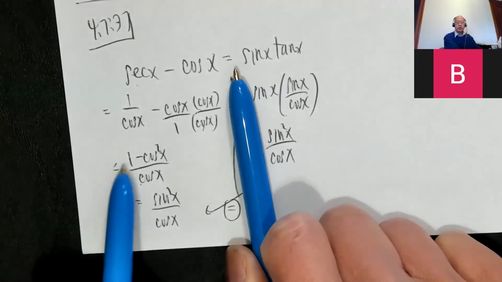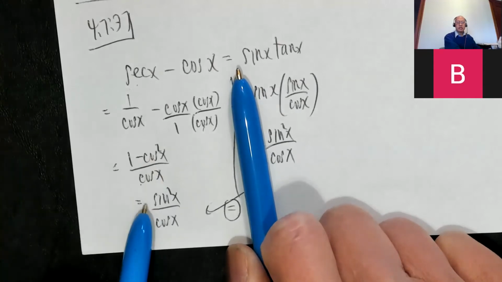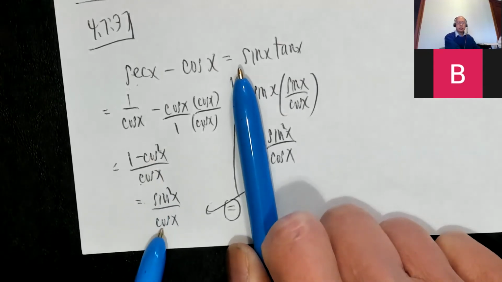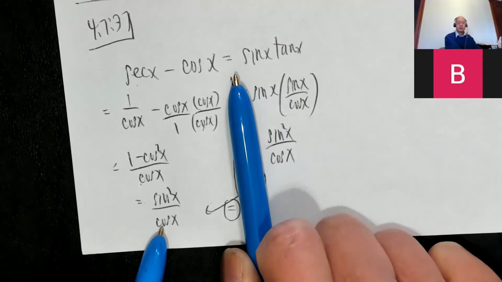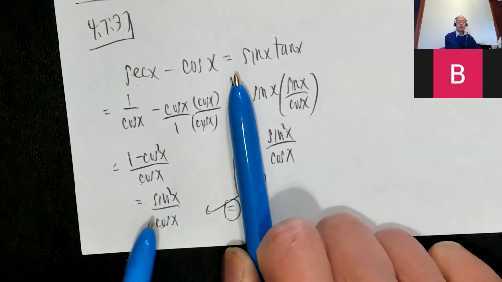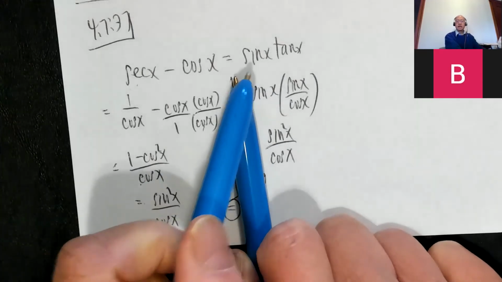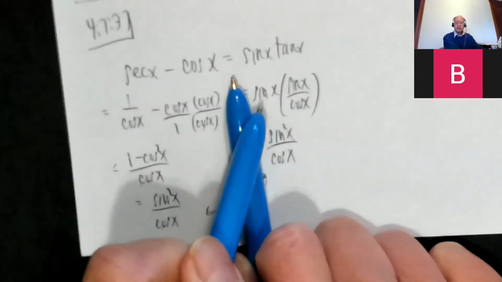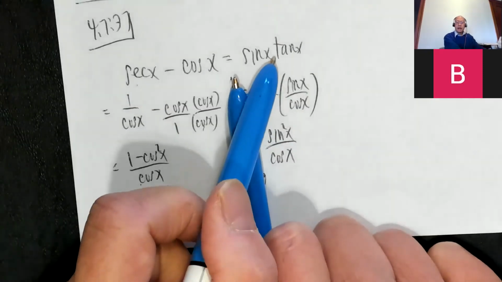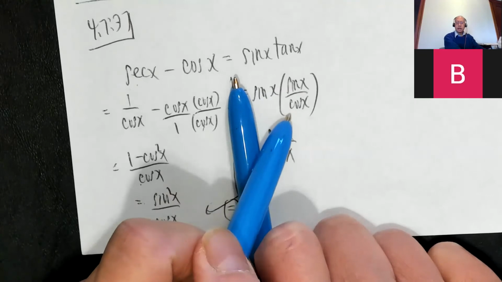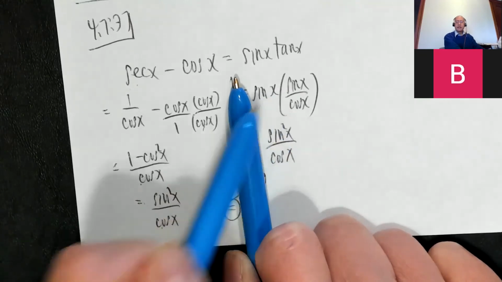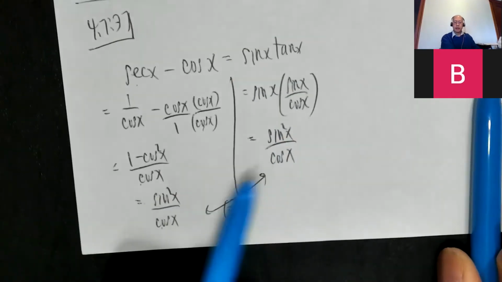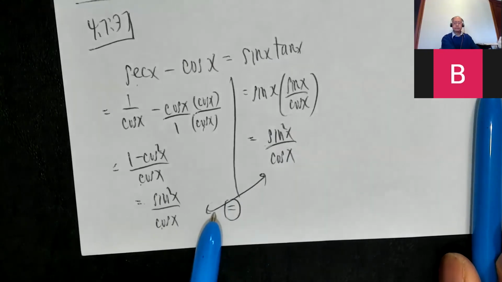And then I do recall that 1 minus cosine squared is equal to sine squared. So sine squared x over cosine x. That's good to get. Can I do anything on this side? I'll change sine x tan x to sine x over cosine x. And this indeed is sine squared x over cosine x. So there it is, they are equal.